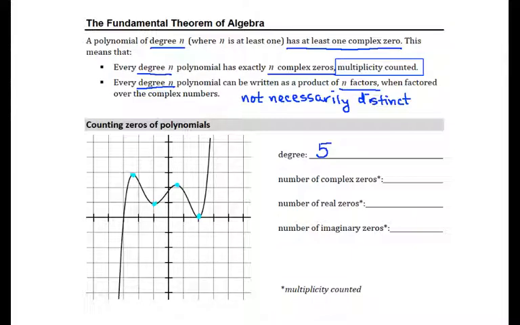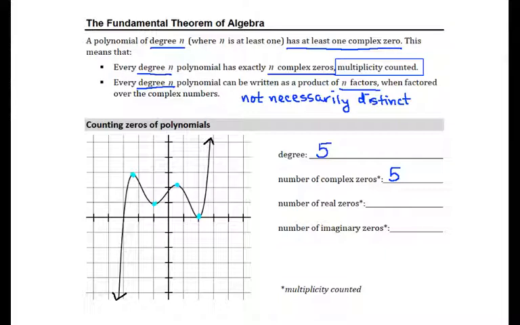So we're guessing this is a degree 5 polynomial, and that's consistent with what I see in the end behavior, because that definitely is two ends going in opposite directions, which is what I should see for an odd degree polynomial. The fundamental theorem of algebra tells us this part right here, which is the number of complex zeros. That must equal the degree.